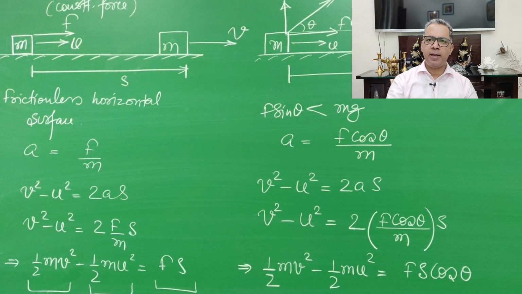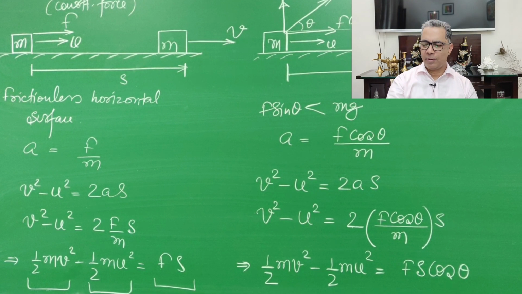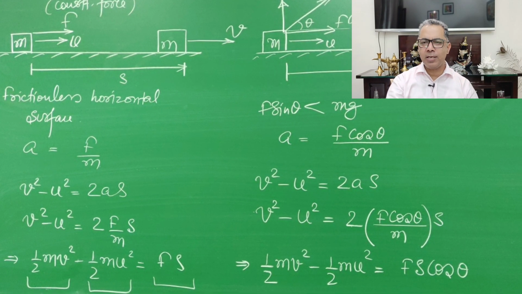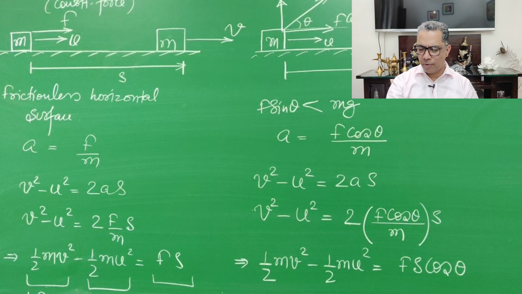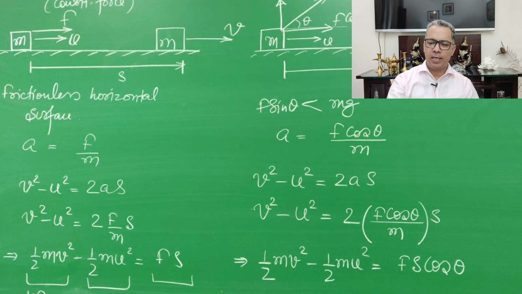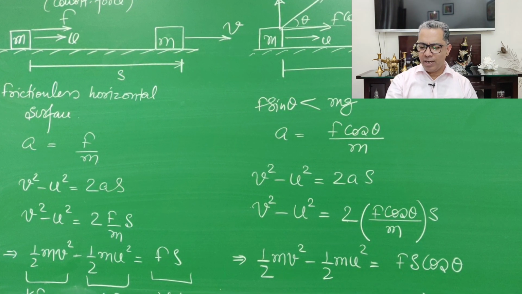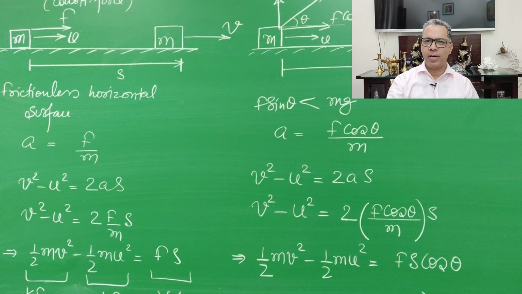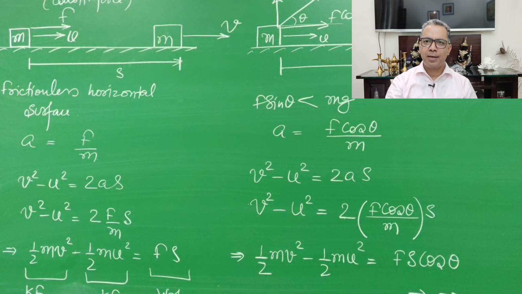So half m times the square of speed is a quantity that we now call kinetic energy, and F times s, on the right hand side of the equation, we call work. So we've given names to these quantities. Half mv square is now called kinetic energy, and F times s is called work.